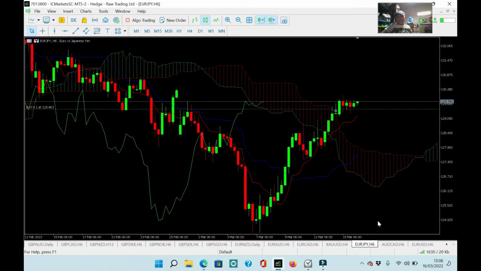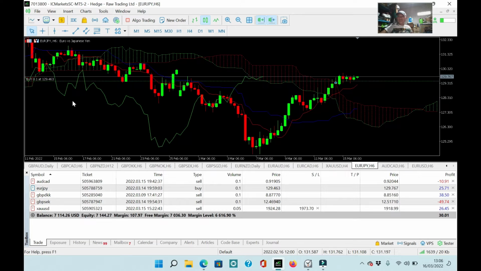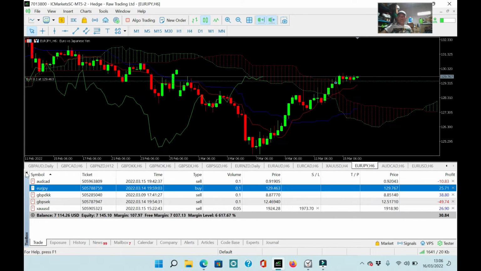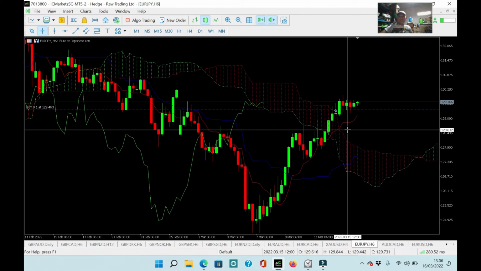This is also Euro Japanese yen. I took this yesterday or 2 days ago. I took an open buy position and it's still floating profit. Euro Japanese yen is 25 points. The plan for the stop loss is around here.